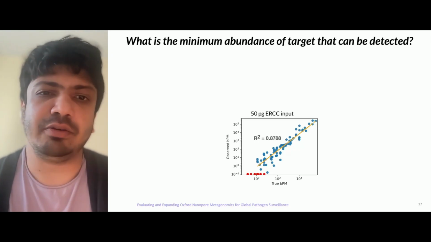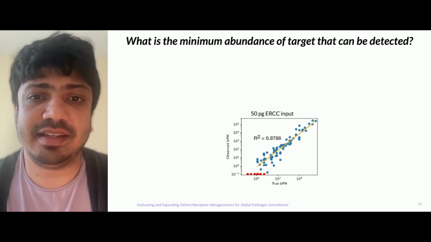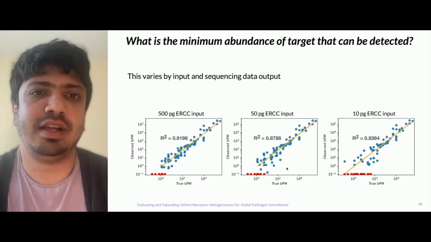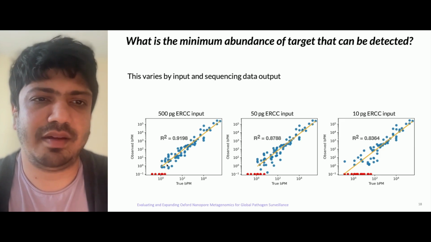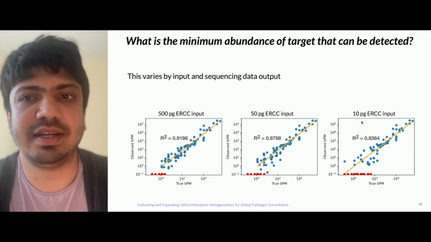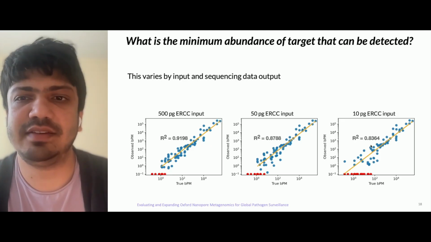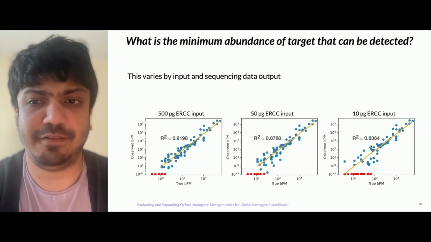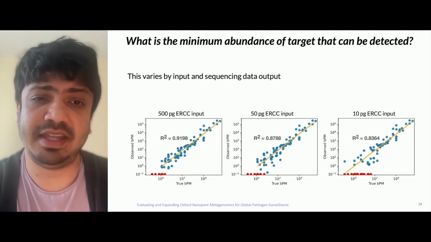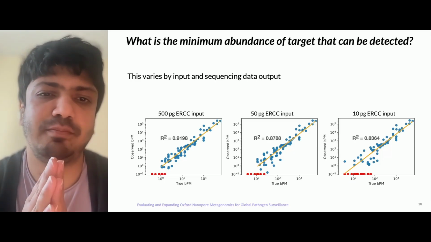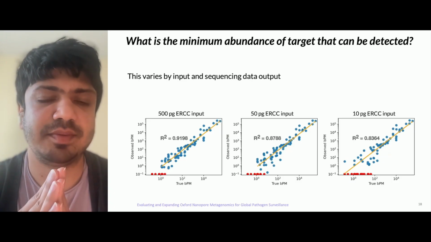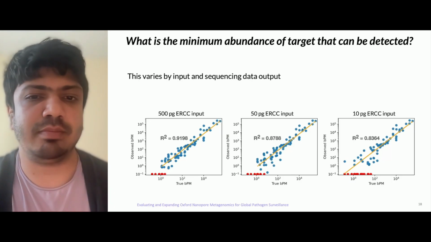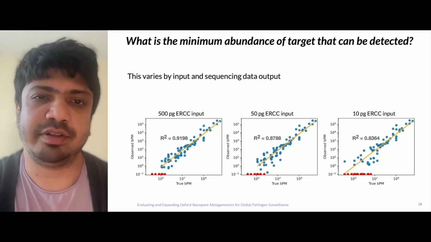Another thing that we notice is that this depends on the total input amount. For example, if we put in 500 picograms of input, then the correlation is slightly better than if we put in 10 picograms. But nonetheless, even at that low input, we do see fairly good correlation. The other thing is, at what point do we start to see drop-off? What you see in red, the red dots, are transcripts that are supposed to be present at low abundance in the input, but that we're not able to observe after sequencing.